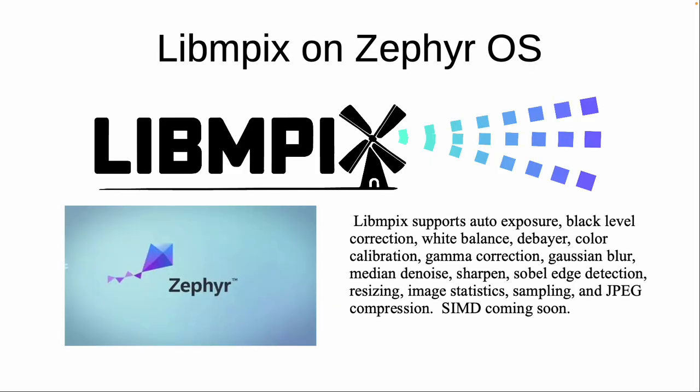So that's really hard for microcontrollers. Microcontrollers have a really hard time with even processing high bandwidth video. They're just not fast enough. And if you add a frame buffer, there's no memory left. So there's a really cool library called libmpix, which runs on Zephyr OS. What that does is a ring buffer.